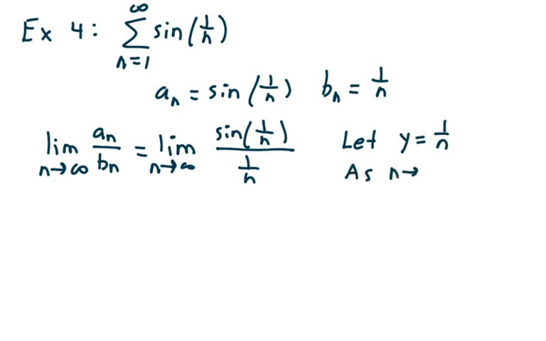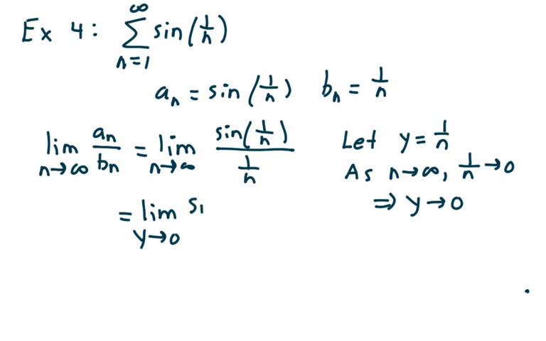As n goes to infinity, 1 over n goes to 0. So that implies y goes to 0. And so this is the limit as y goes to 0 of sine y divided by y. This is 1, and we showed this in Math 400. Okay?